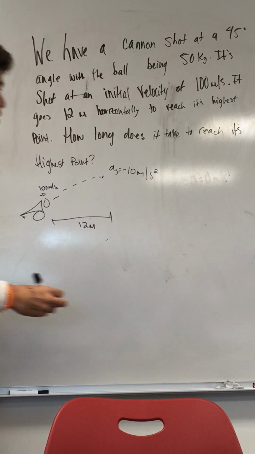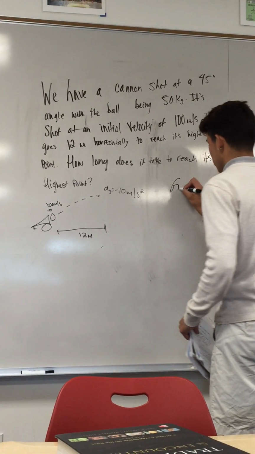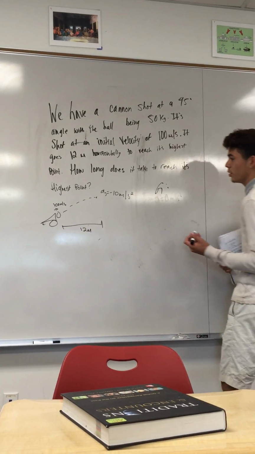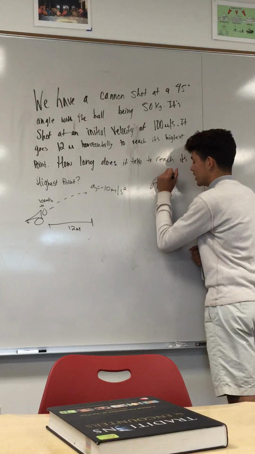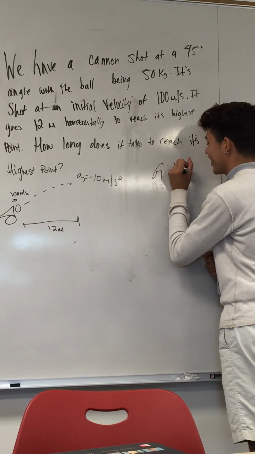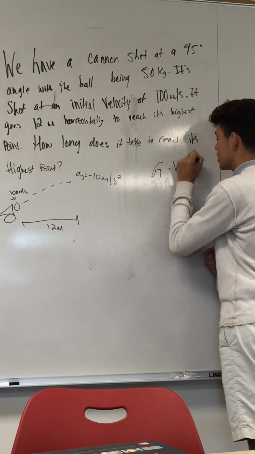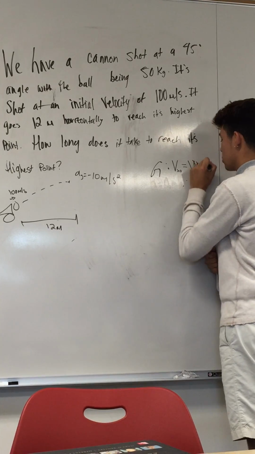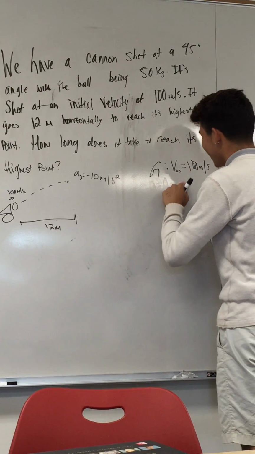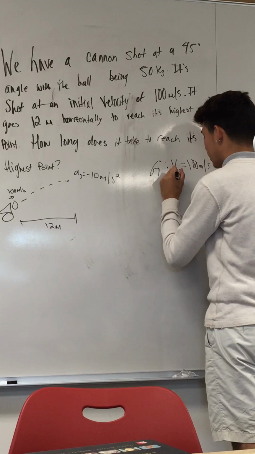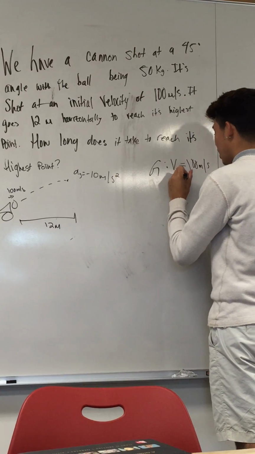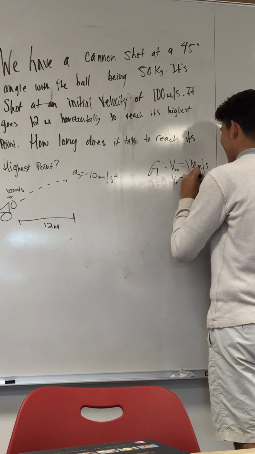So we write down our givens, which is velocity x naught is 100 meters per second. Velocity final, since it's at its highest point, that means it has no velocity, which is 0 meters per second.